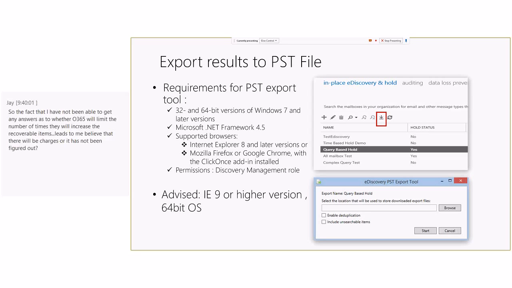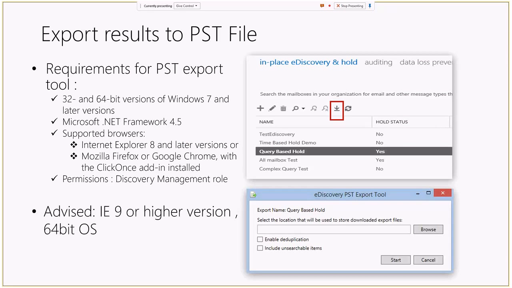One thing that I would always recommend is to, of course, use IE9 and later, because I've seen issues where the configuration XML doesn't parse well in IE8, and the export tool doesn't work as intended. So with IE9 and later, we've seen it work as intended.